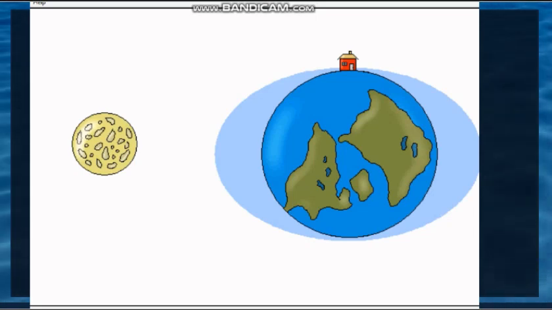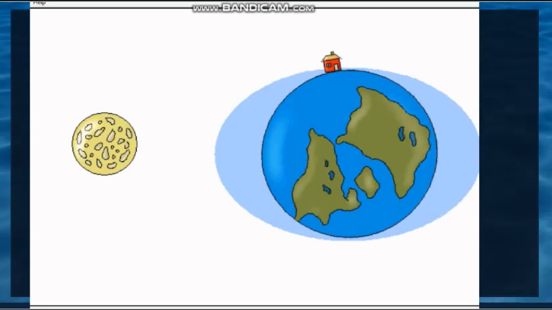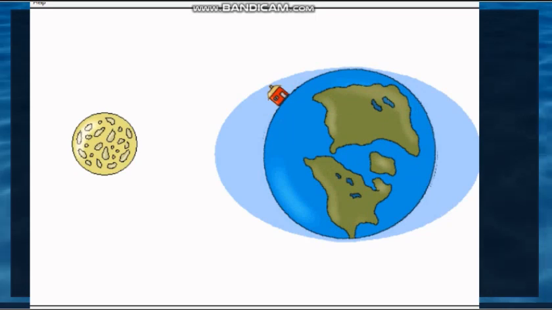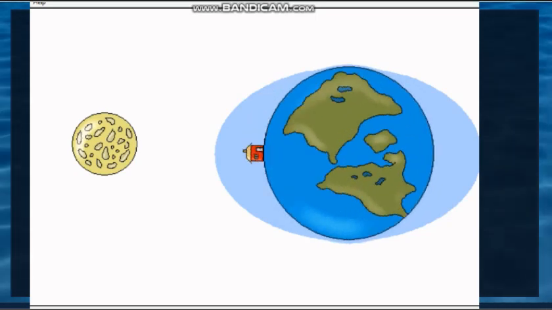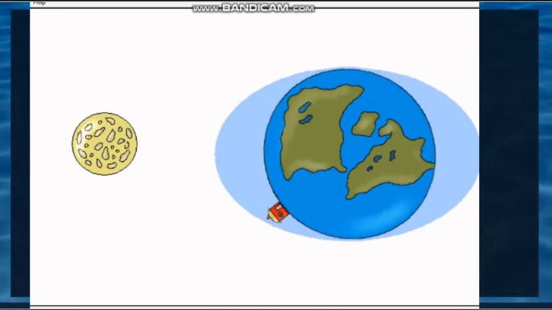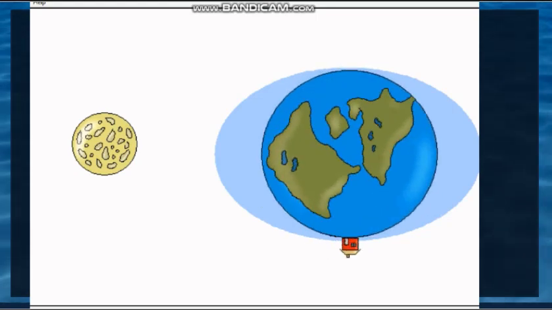Well, look at the house now. It's sitting in an area that has a little water, so it's experiencing low tide. As the Earth rotates, however, it starts rotating into an area with a lot of water. When it finally gets to the point where it's reached the maximum of the water, it's experiencing high tide. As the Earth continues to rotate, the house once again gets to the point where it is experiencing very little water. That's low tide.